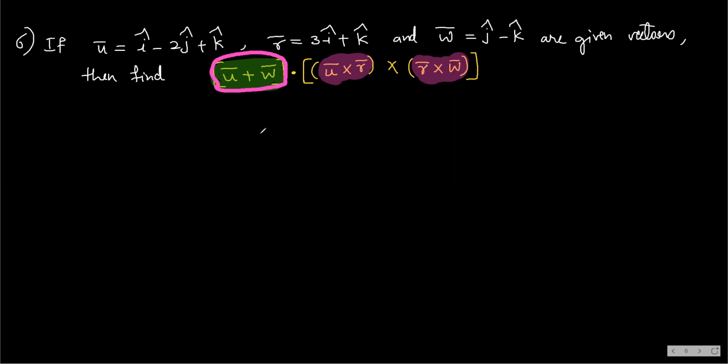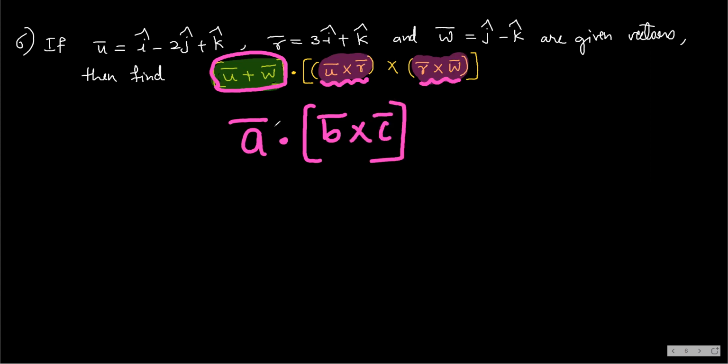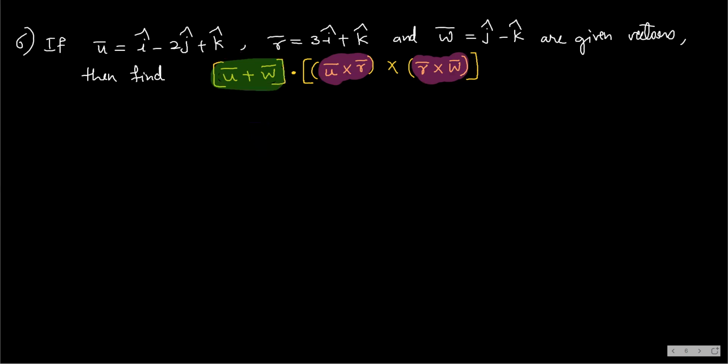Take it as A bar. So you have A bar dot, and take this vector as B bar cross, and take this vector as C bar. See what you have? You have the scalar triple product. But these vectors U bar, R bar, and W bar have also been given as a linear combination of I cap, J cap, K cap.